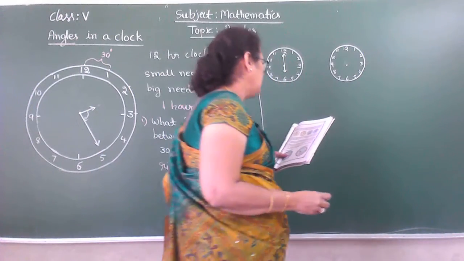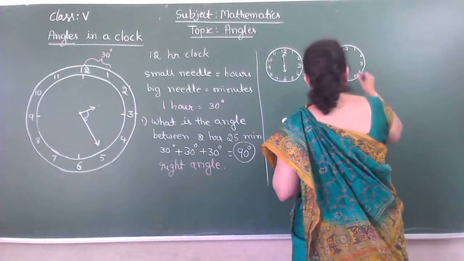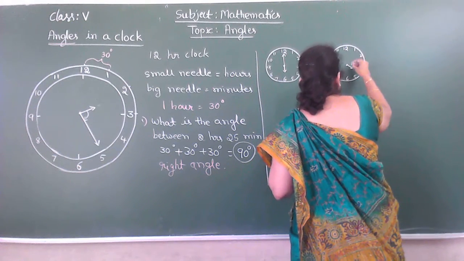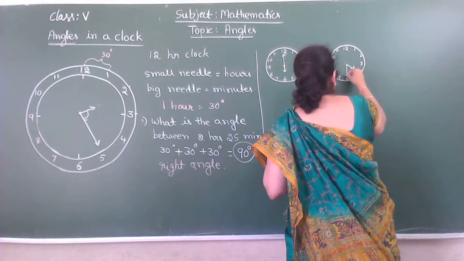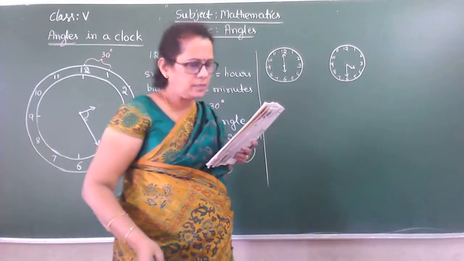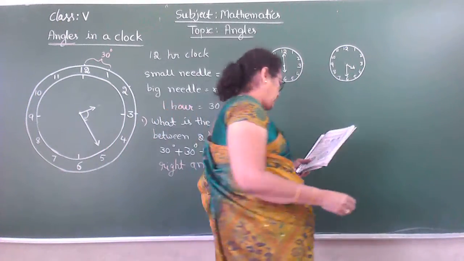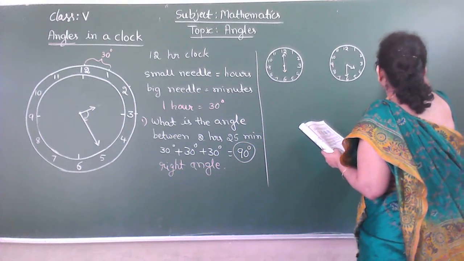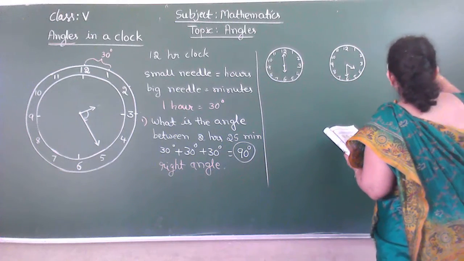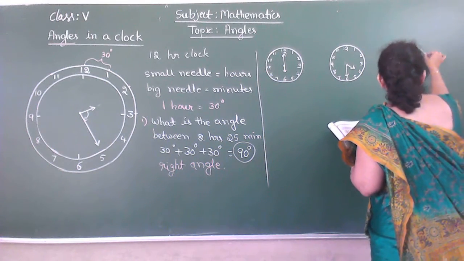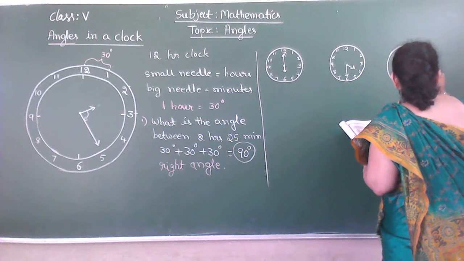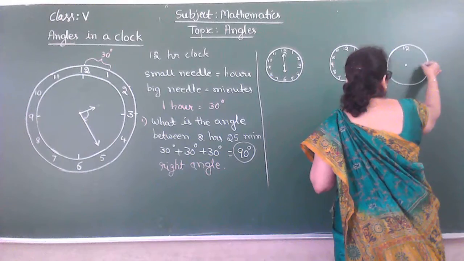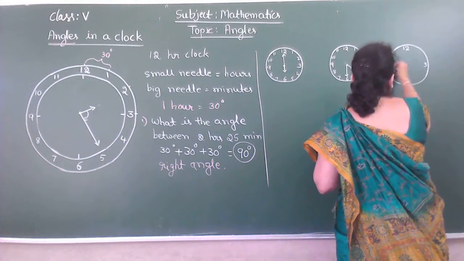Okay, I'll write the needles. That is, this small is showing 4, then 6, the big one is 6. Okay, next one. Okay, now 12, 3, 6, 9.